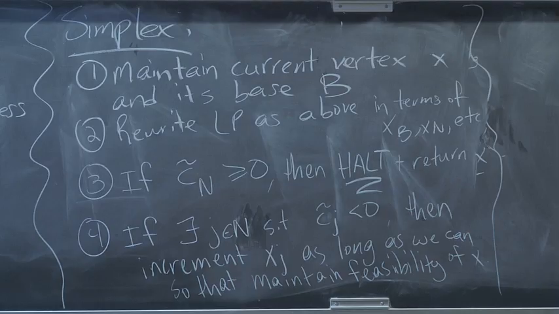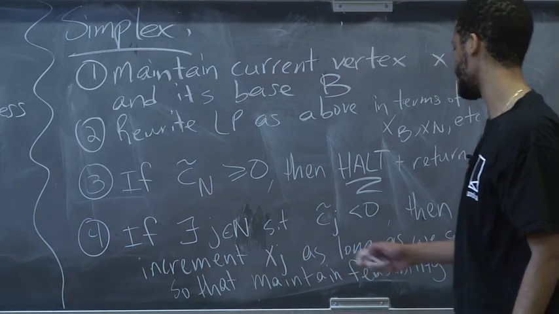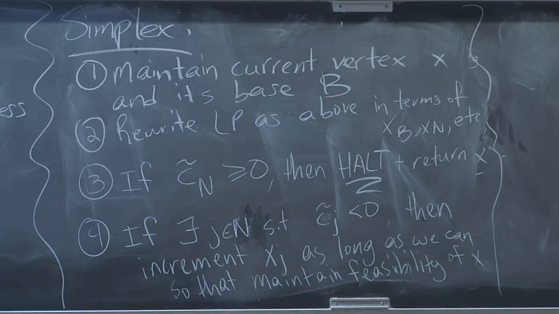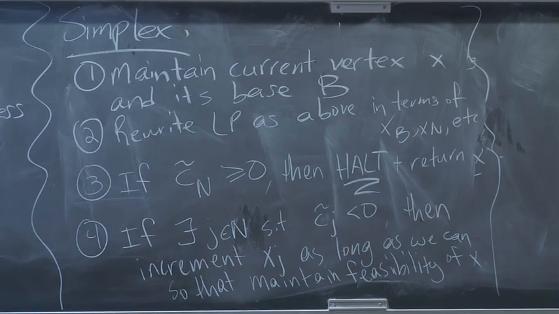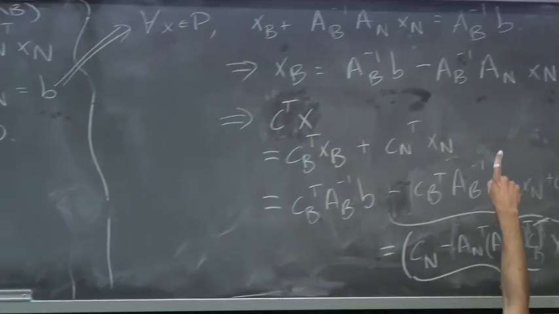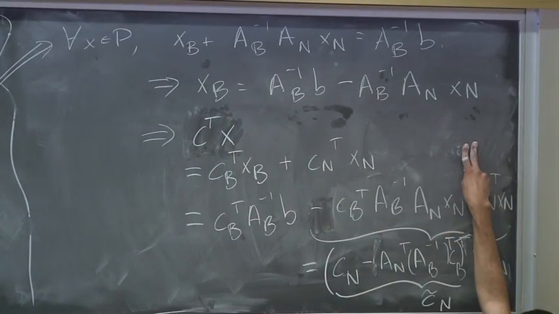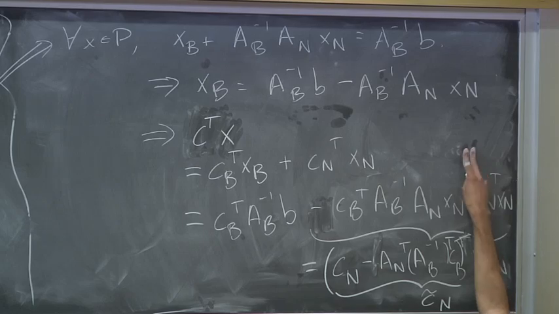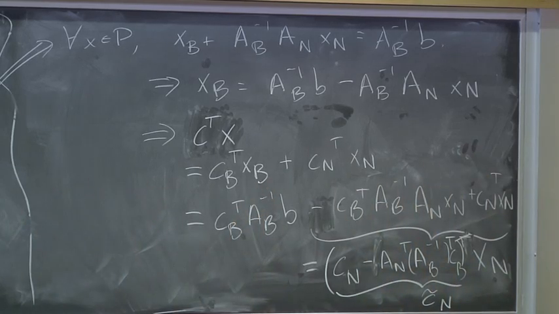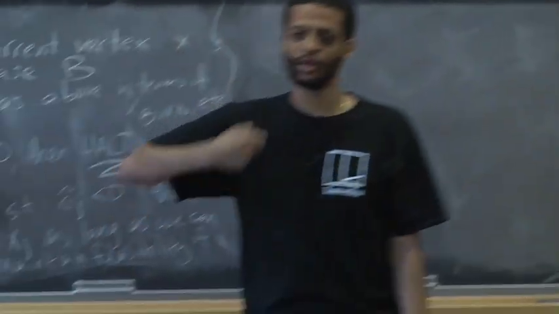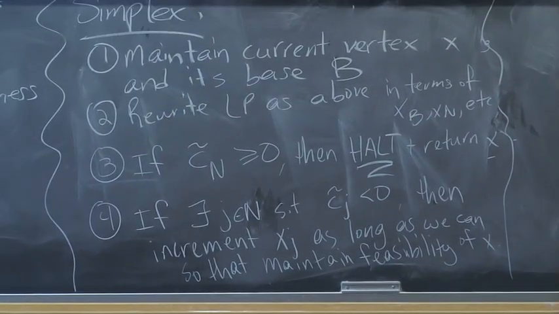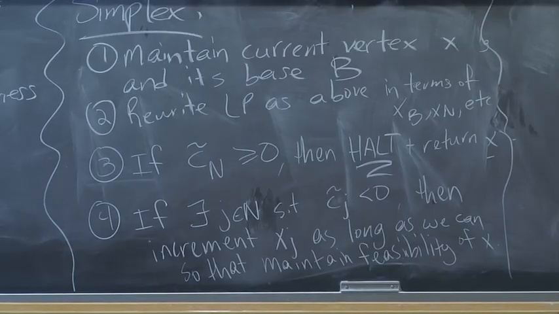So what do I mean by increment it as long as we can so that we maintain feasibility? Well, the point is that xB actually depends on xN, right? So if you take some j that's in N and you start changing it, you'll actually change what xB is.